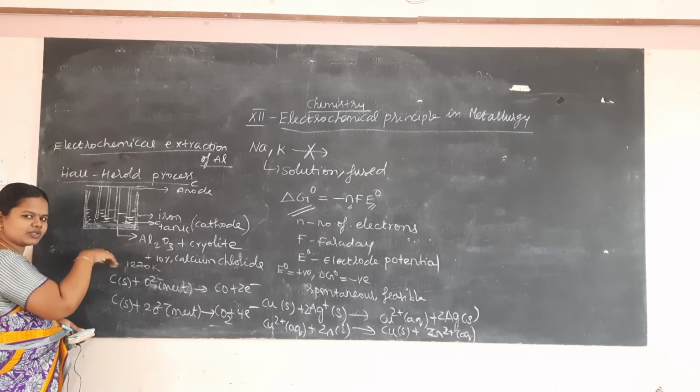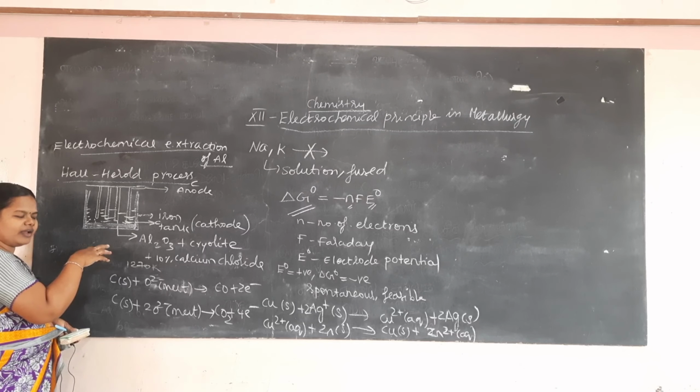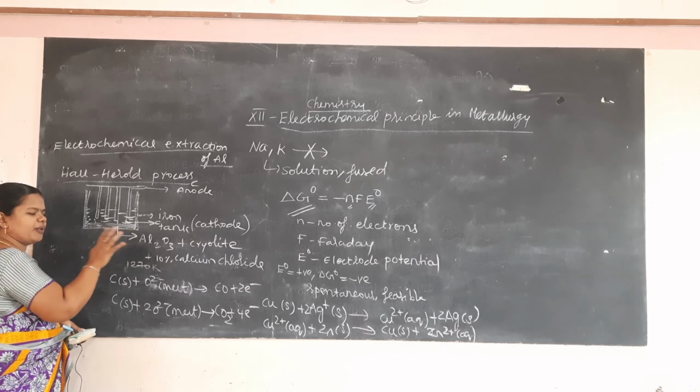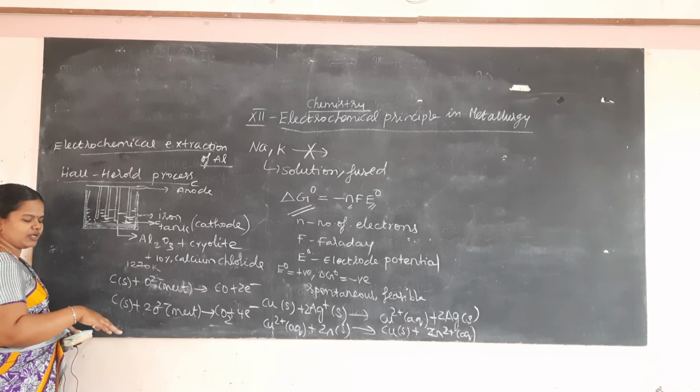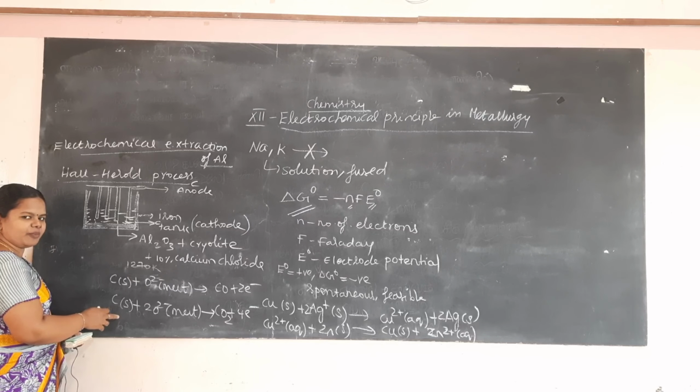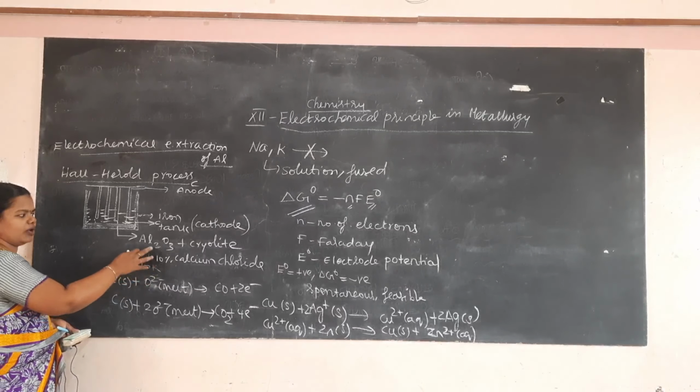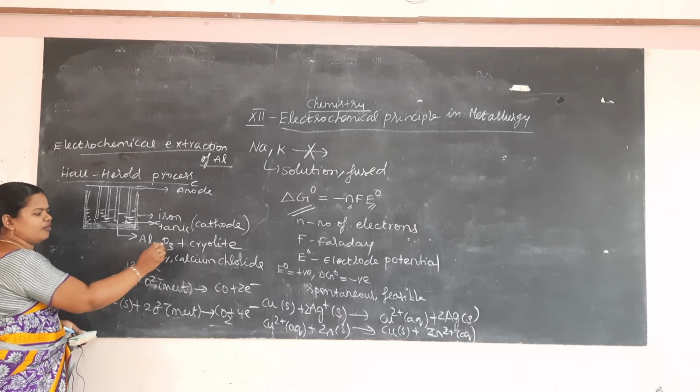The carbon is consumed at the electrode itself, and there won't be any deposition of carbon. It will be consumed at the anode as well as at the cathode, so it is not included in the extraction of alumina.